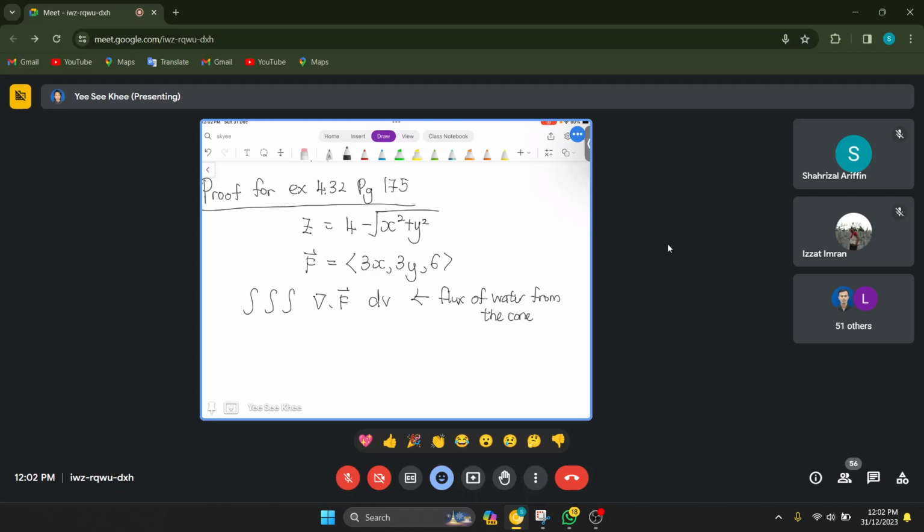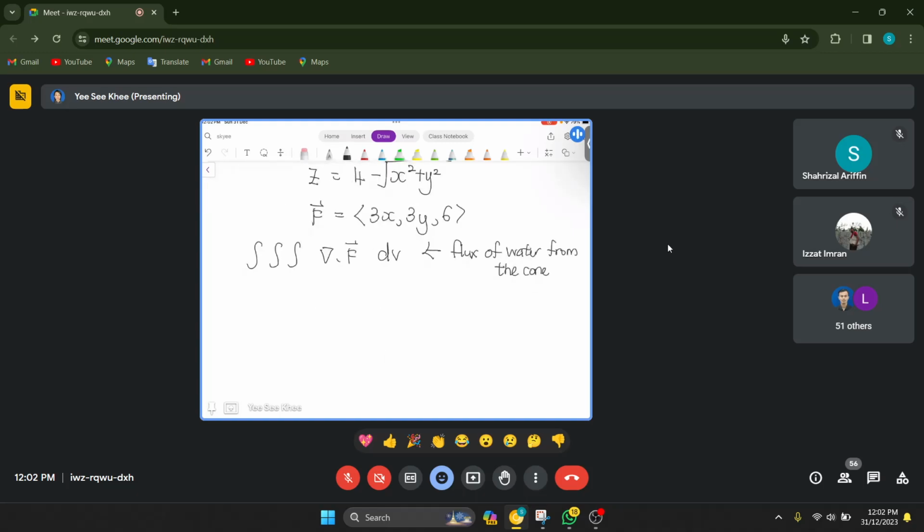So the first step is to find the divergence of F. So it will be del x, del y, del z, dot product with 3x, 3y, and 6.